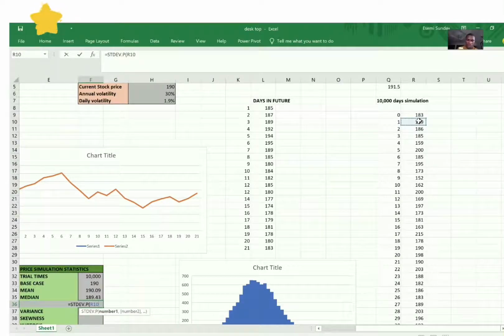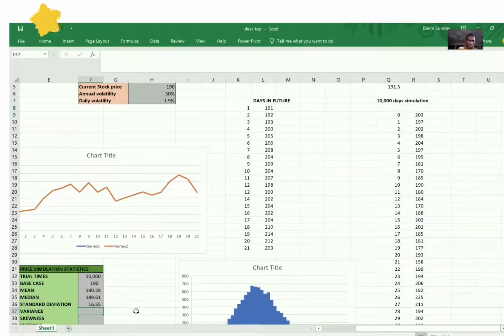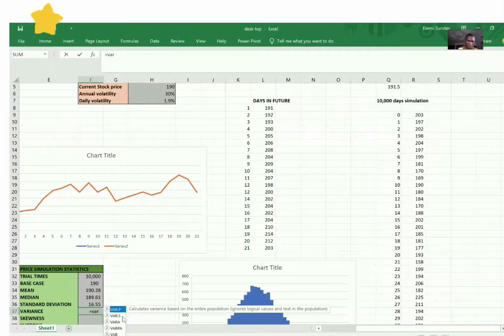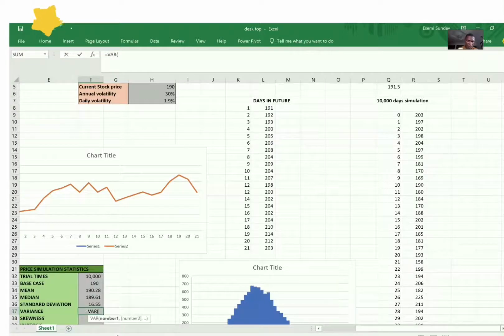Standard deviation of all, then you have 10,010 too. You could do all through to the variance, 10,010.